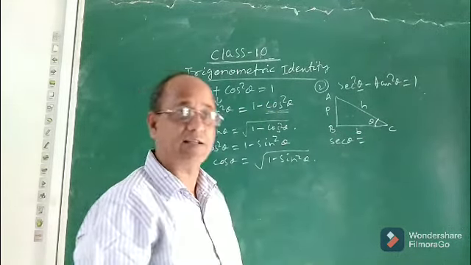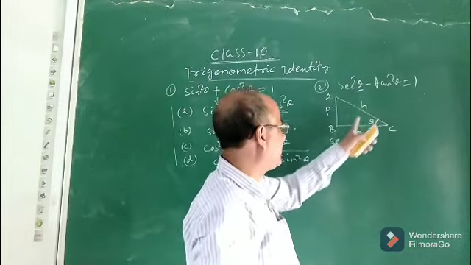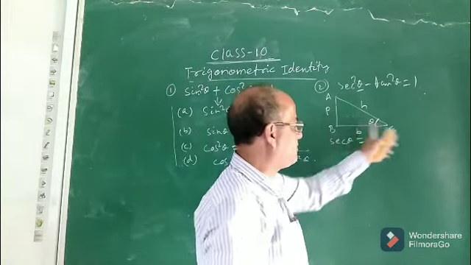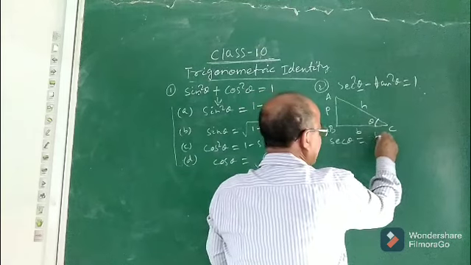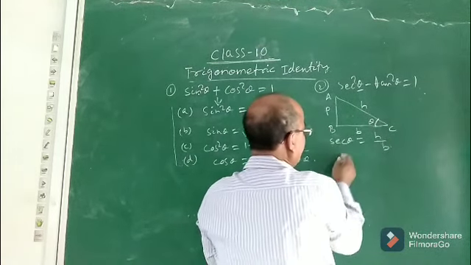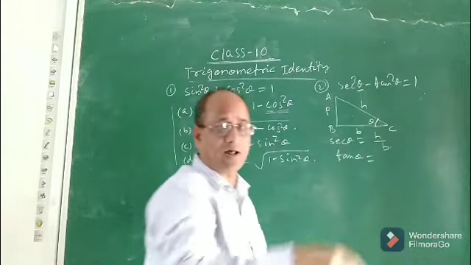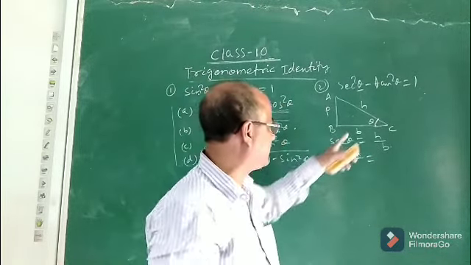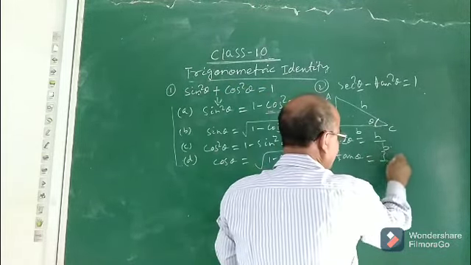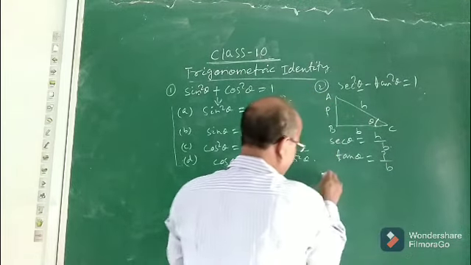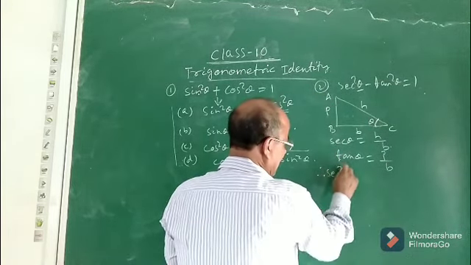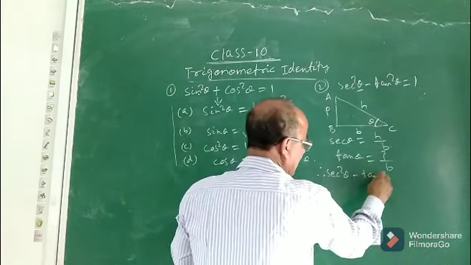Sec theta is H by B, hypotenuse by base, or AC by BC. And tan theta is perpendicular by base, P by B. Now you find sec square theta minus tan square theta.